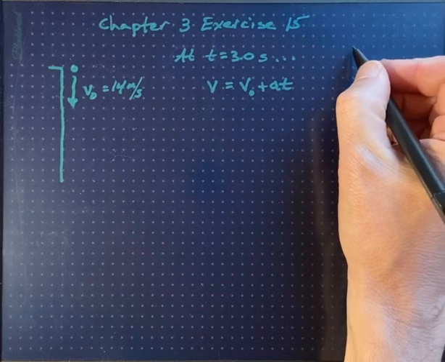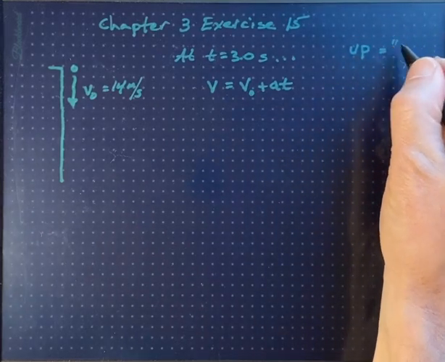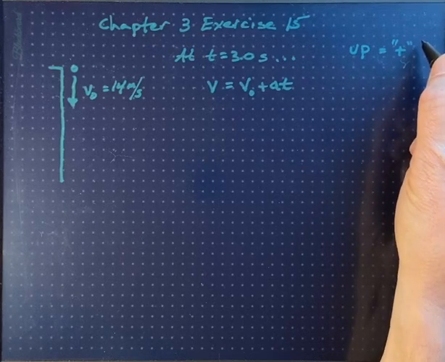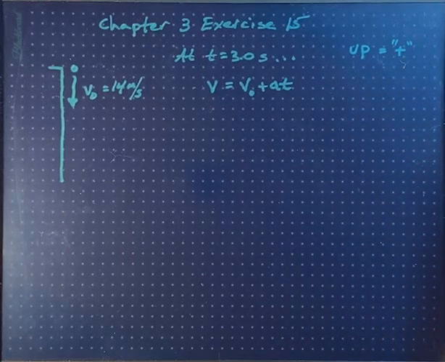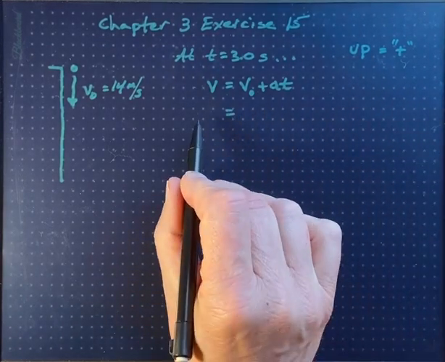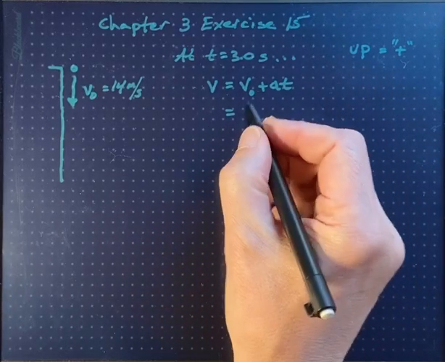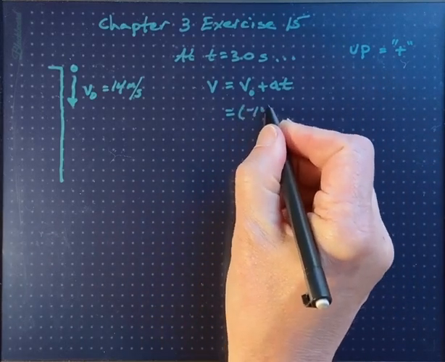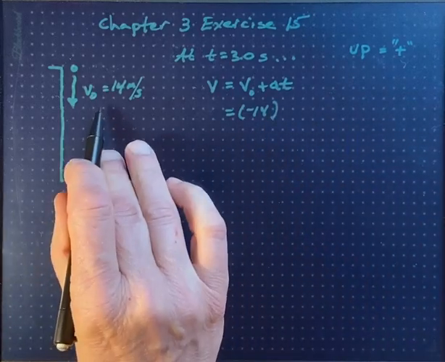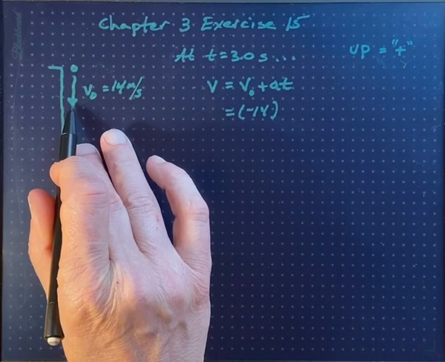So I'm going to always use the convention that whatever is up is plus and whatever is down is minus. So when I use this formula to figure out the final velocity of the ball, I'm going to respect that choice. And I'm going to put in minus 14 meters per second for the initial velocity because it's 14 meters per second, but it's down.